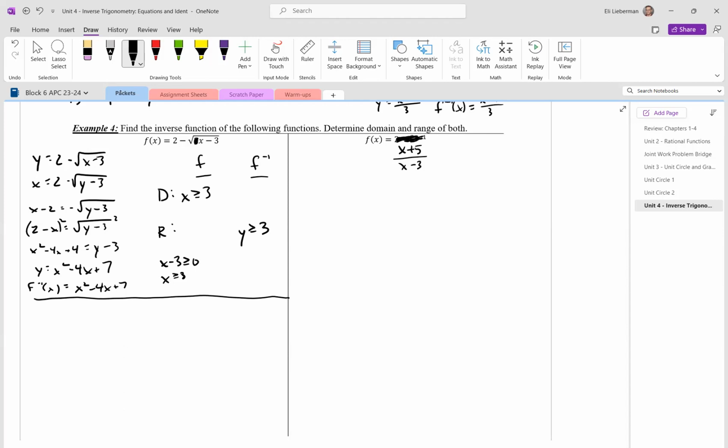So you find the range of the inverse function. Does that make sense to you, Max? Yeah.